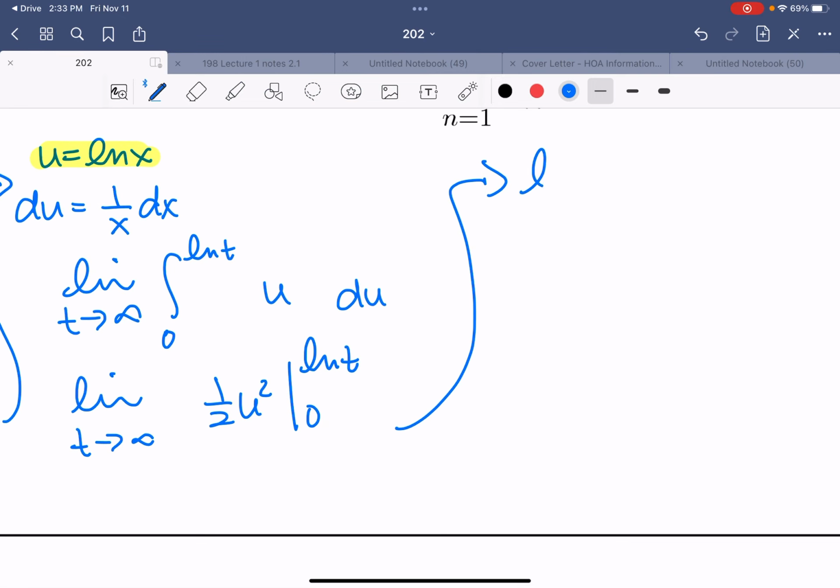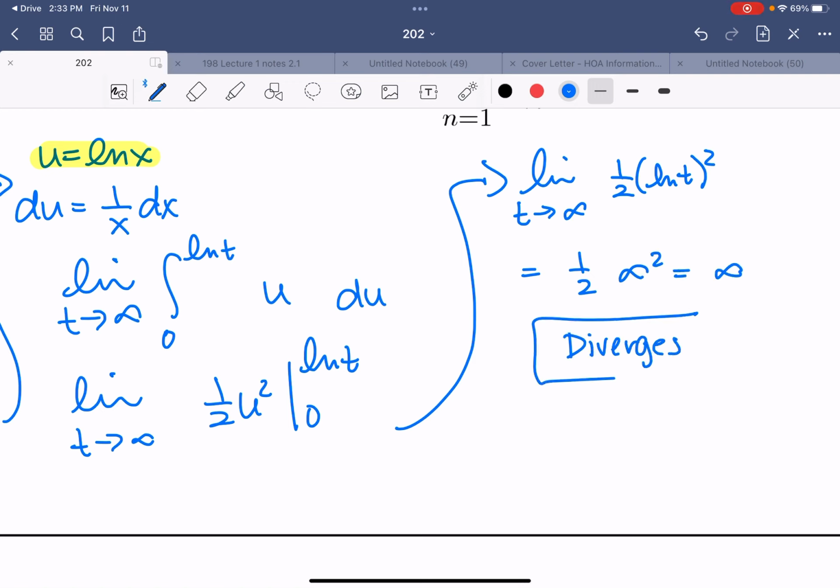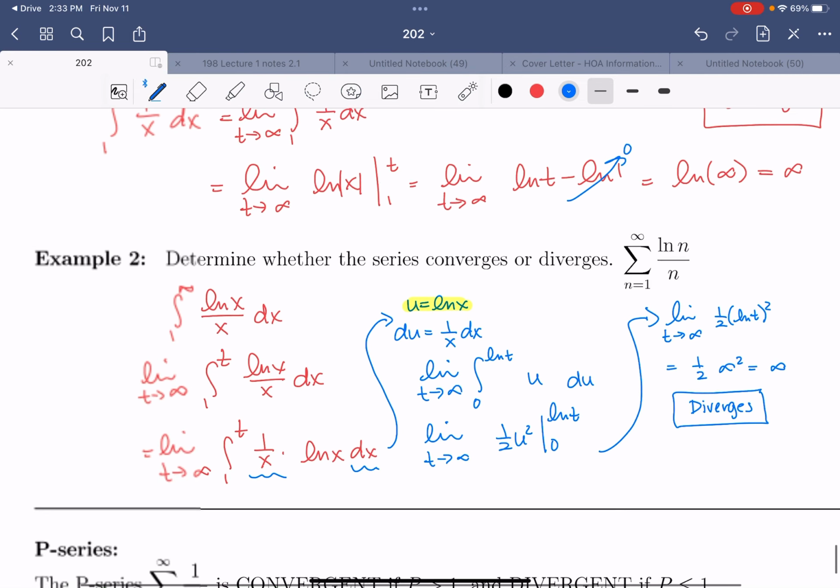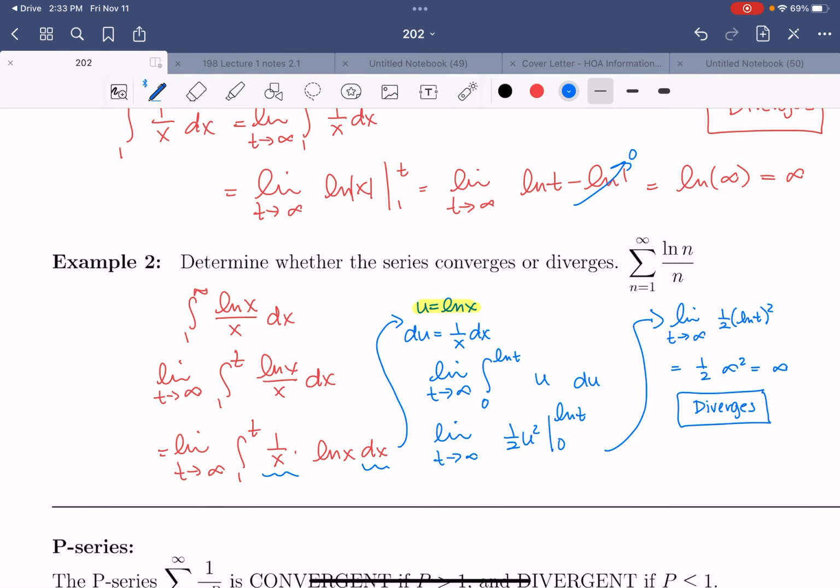So we have the limit as t goes to infinity, and I want to plug in my boundaries. So 1/2 ln of t squared minus 0. And then when you take the limit here, this becomes 1/2 infinity squared, which is infinite, and this diverges. Okay, so that's how we use the integral test to determine whether a series is convergent or divergent.